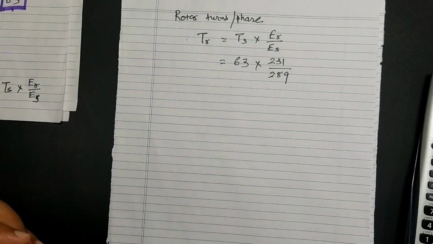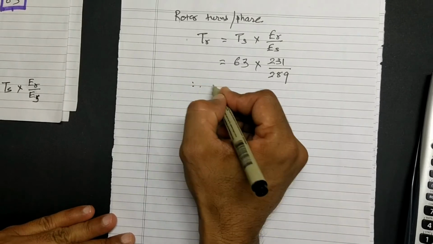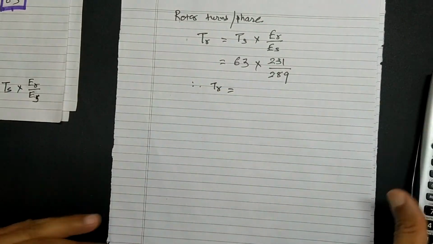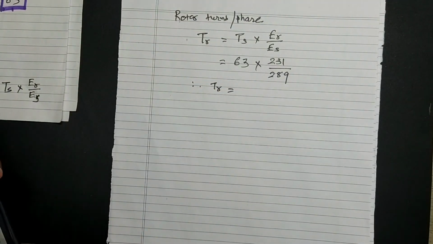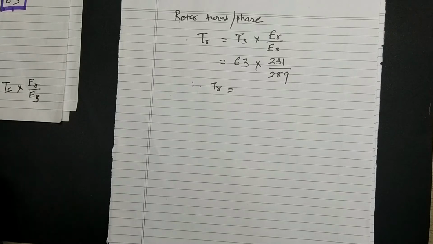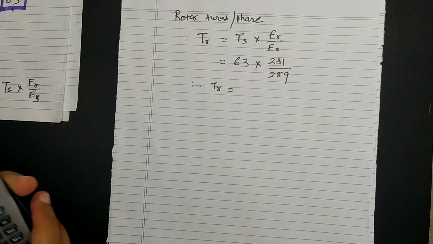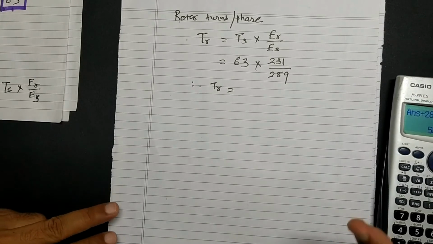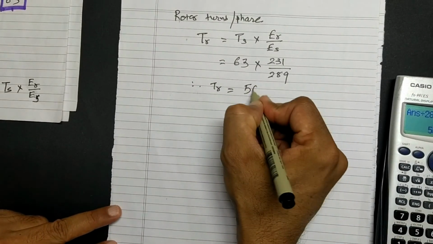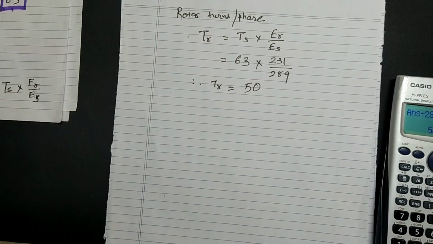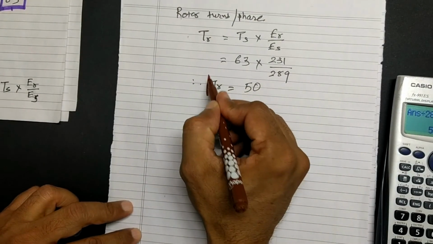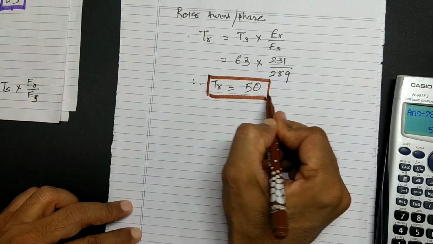Okay, correct. Therefore rotor turns is 231 multiplied by 63 divided by 289. So it comes to 50.35. So let us consider 50, right? So the rotor turns we have approximated as 50.